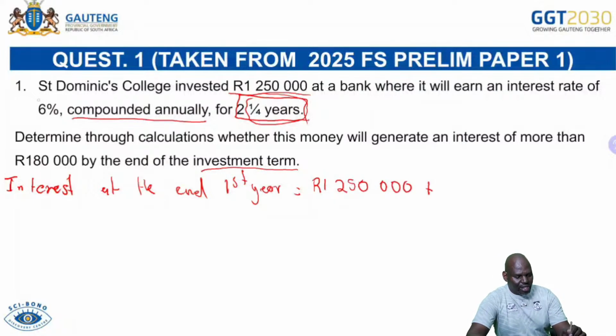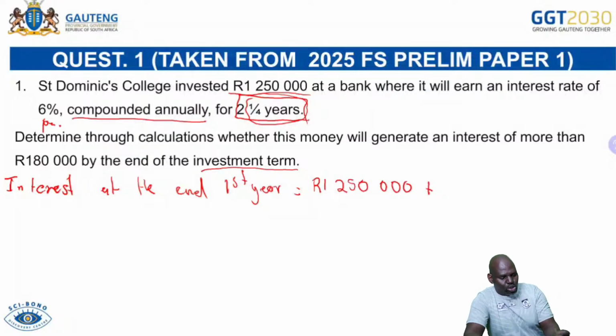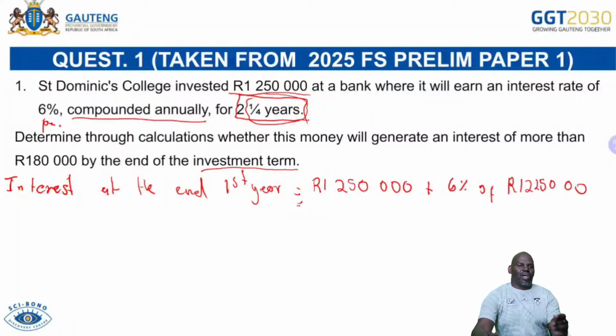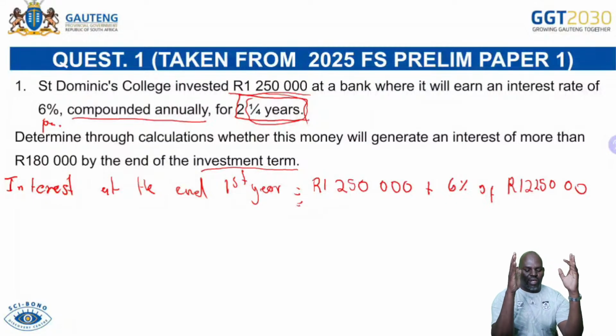Our interest rate is 6%, so it's 6% per annum, or compounded annually. So this one is going to be 6% of 1,250,000. It means at the end of the first year, the amount will be the very same 1,250,000 plus the interest.